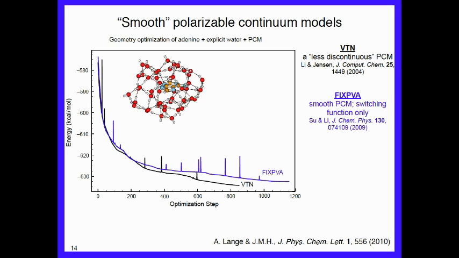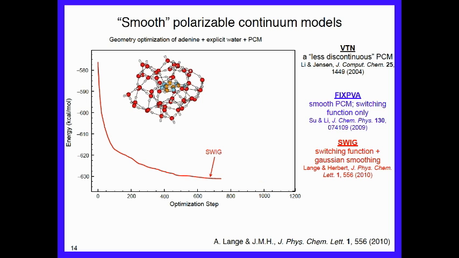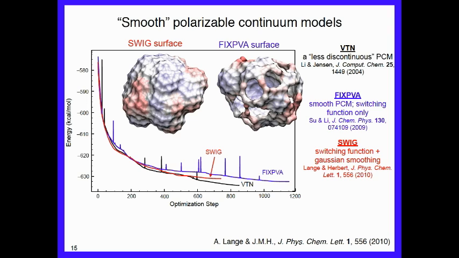Okay. So that's bad. It stands to reason that those kinds of features are probably going to hamper the convergence of your geometry optimization. And so if we use the switching Gaussian approach instead, we get an energy that converges smoothly and monotonically to 0. And so we're quite pleased with that.